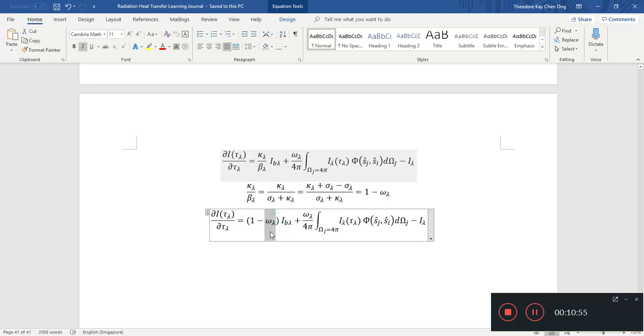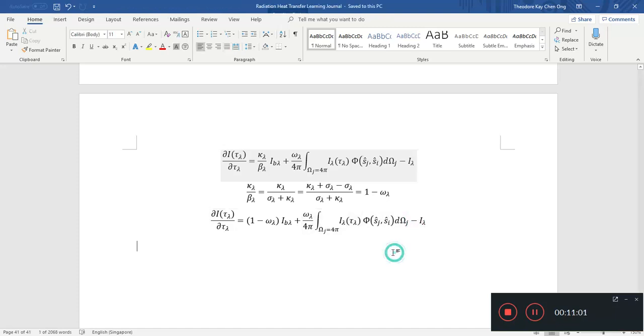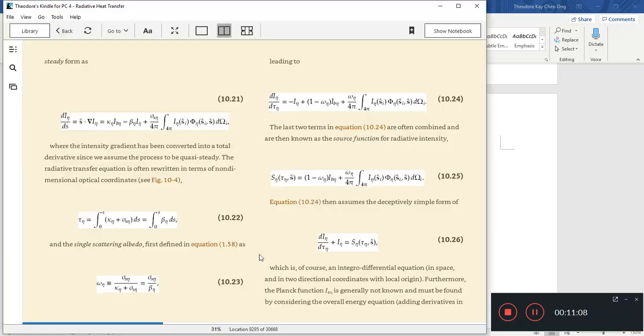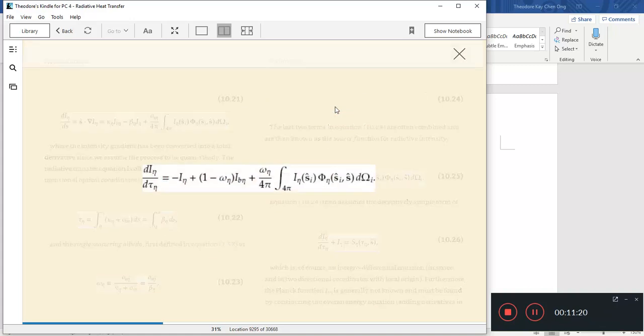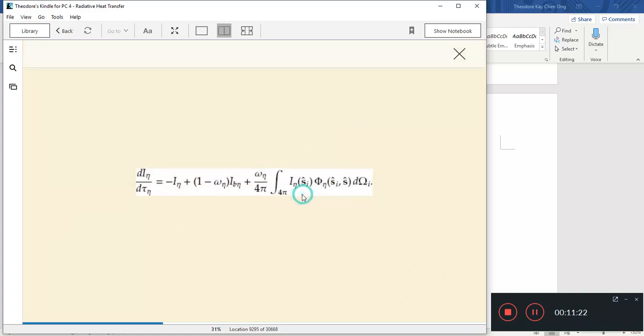So this is what albedo is, and this is the in-scattering term, this is the extinction term. So that's how we can think of it, right? So you take a look at the textbook. Basically, it's doing the same thing. Instead of lambda, it uses wave number, dI d tau eta equals, and this is the extinction term, this is the emission term, and this is the scattering term right there.